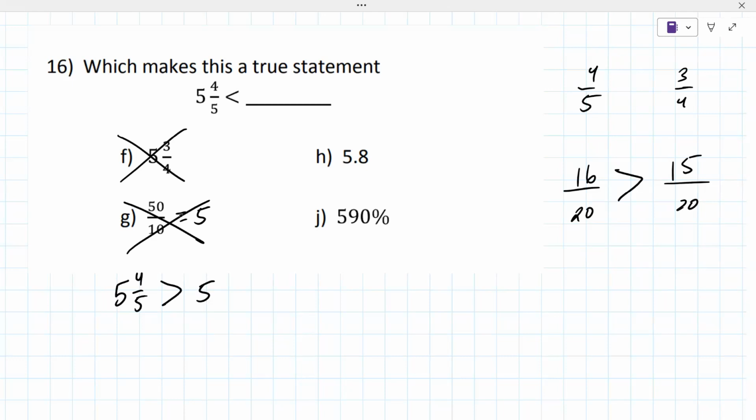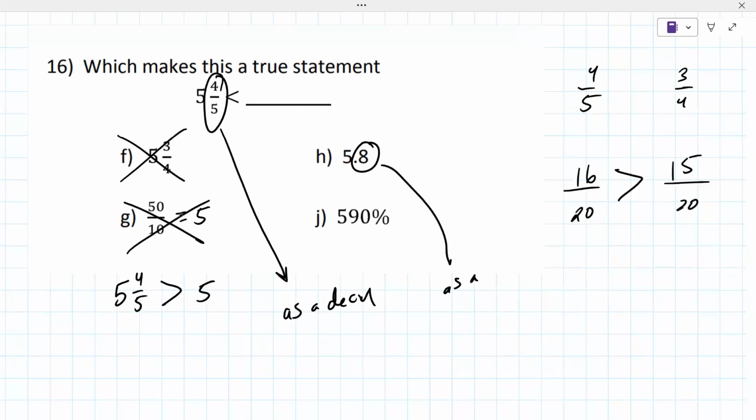What is 4/5 as a decimal? Or what is 0.8 as a fraction? Well, 4/5 would be 0.4? How did you come up with that? 5.4.